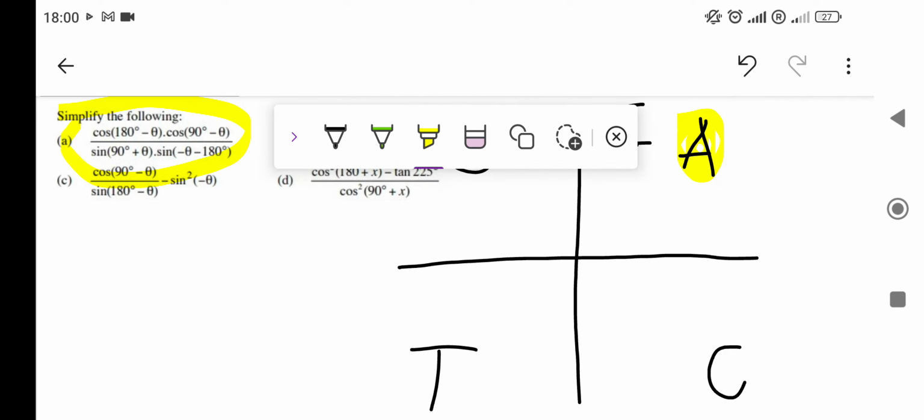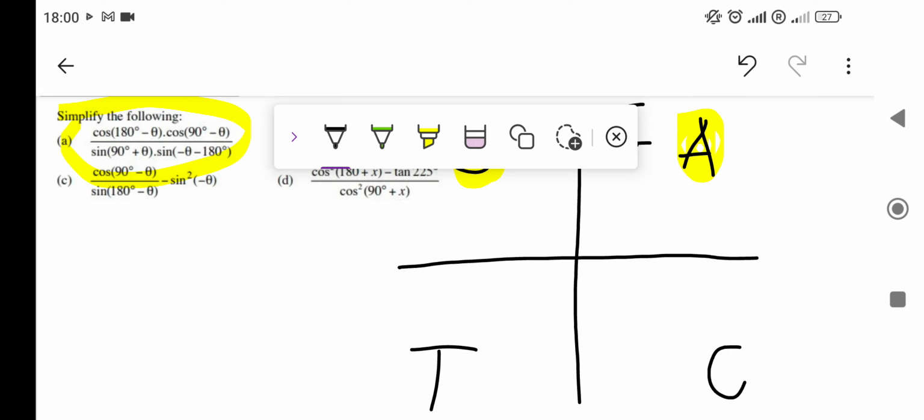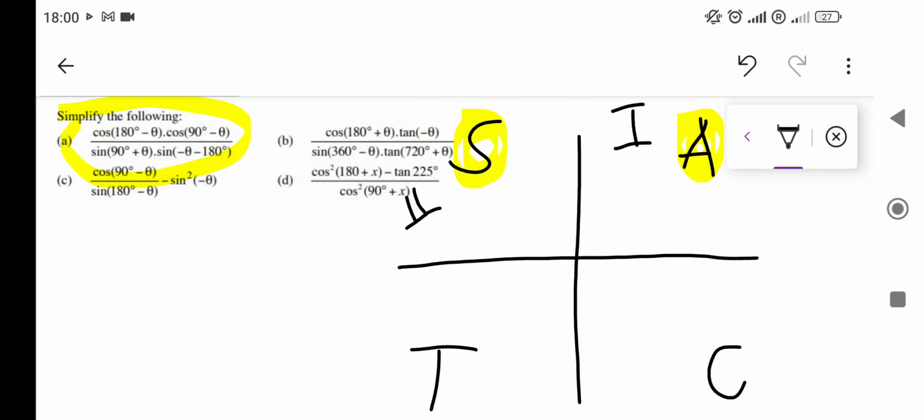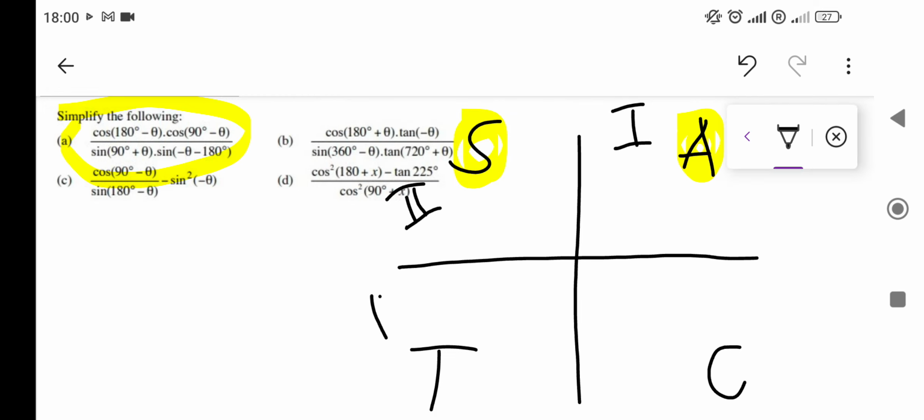Within my second quadrant, sine is going to be positive. Tan and cos, negative. Okay, third quadrant. And yes, you guessed it, tan is going to be positive in that quadrant, sine and cos negative.